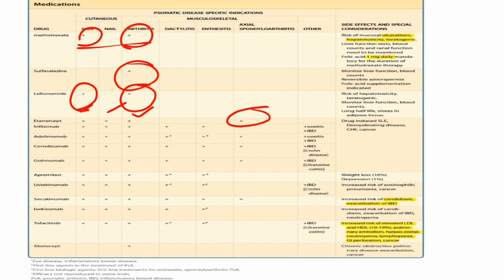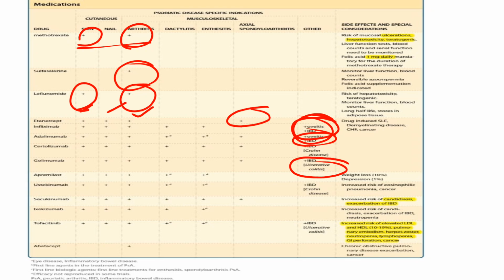Adalimumab is also effective in uveitis and IBD. Infliximab, uveitis and IBD. Certolizumab is effective in IBD, specifically Crohn's disease. And golimumab is effective in IBD, especially ulcerative colitis.